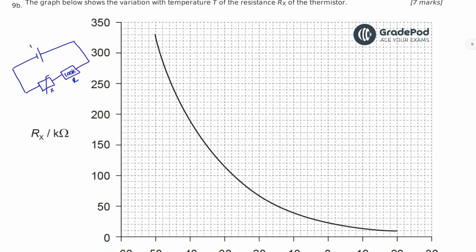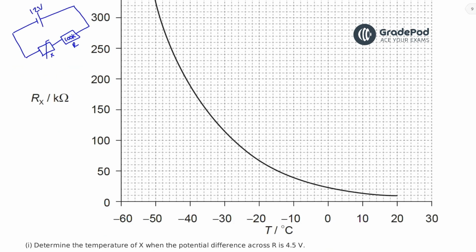The graph below shows the variation with temperature T. Oh, there's our thermistor graph of the resistance X of the thermistor. Determine the temperature of X when the potential difference across R is 4.5. So if the potential difference across R is 4.5, that means the potential difference across X must be 7.5, because 12 volts has to be split between the two components, and there's negligible internal resistance.